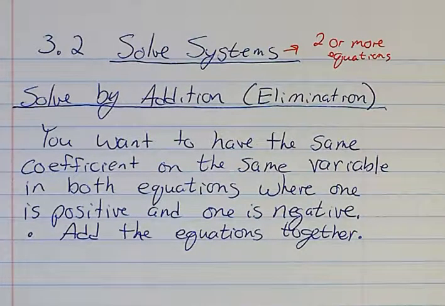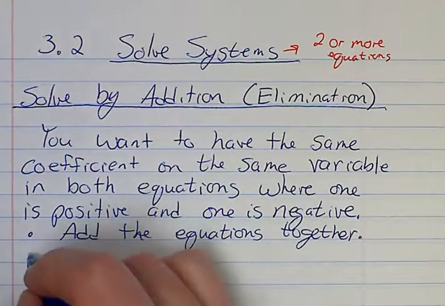Okay, and when you add the equations together, because let's say one of them's a positive 8x and the other one's a negative 8x, those two numbers are going to cancel each other out. So that basically now one of the variables is going to be gone. That's the elimination part, that you've eliminated one of the variables.